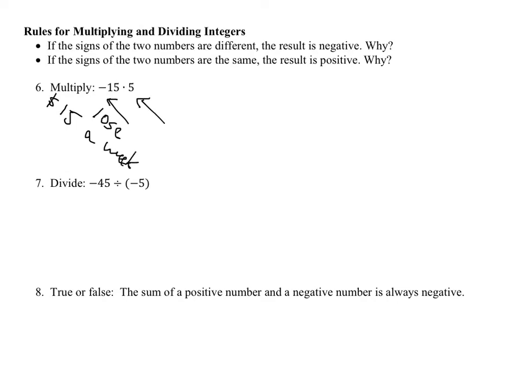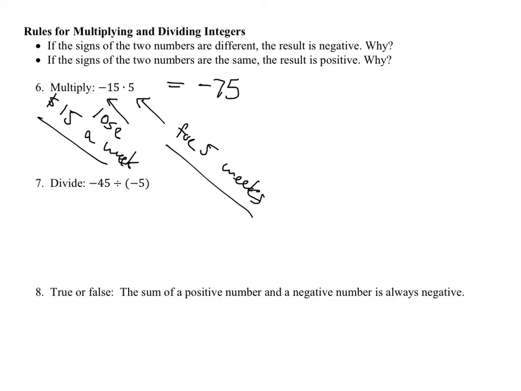And I do that for 5 weeks. Well, if I think about it, I'm losing 15, and then another one, and then another one, and then another one. So altogether, I've lost $75. So a negative times a positive is a negative.